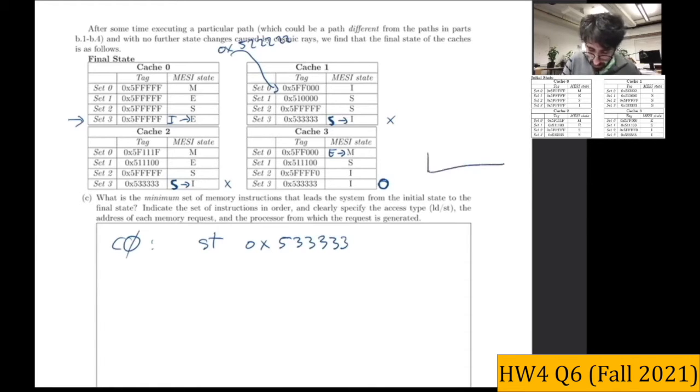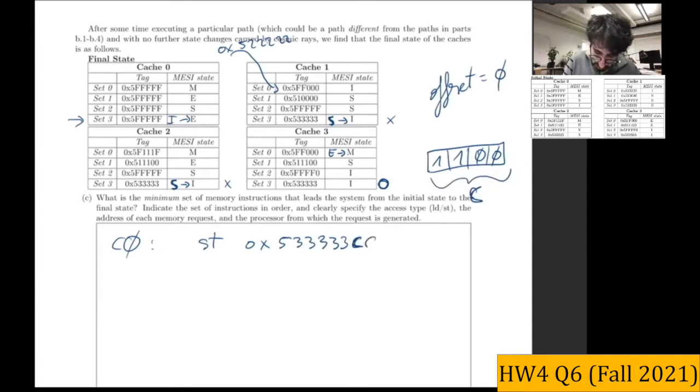We have to specify the set as well. The set index is 2 bits, so if we are in set 3, we have 1, 1, and because we assume that the offset is 0, we have 1, 1, 0, 0, and this is C. So we need to put a C here, and the rest of the offset is 0 as well. With this first instruction, we already have cache 1 set 3 and cache 2 set 3 in the final state.